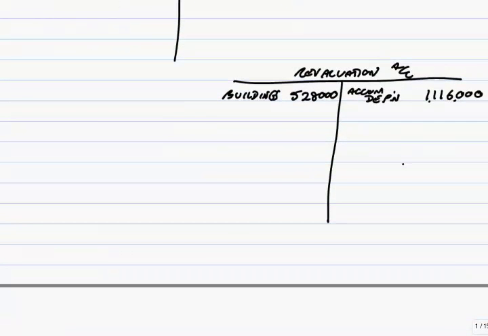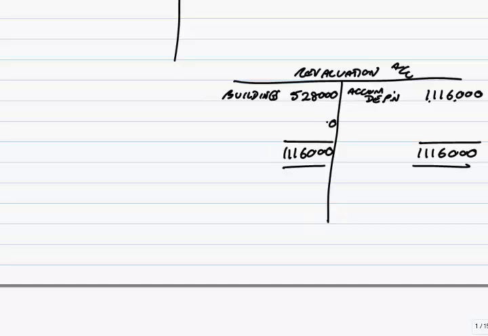What about the revaluation account? Well, the balance on here surely will be effectively the profit we've made on revaluation. What is the balance? I think the balance is 588,000.